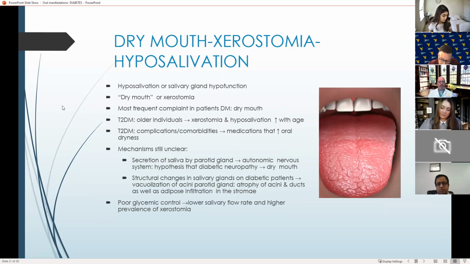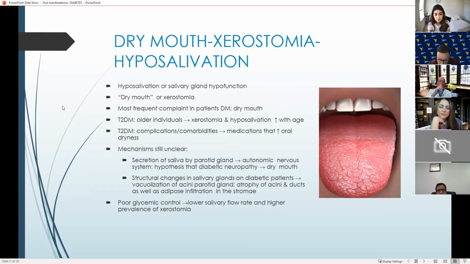Although many studies report an increased prevalence of xerostomia and a decreased salivary flow rate in patients with diabetes, the mechanisms underlying these observations remain unclear. Secretion of saliva by the parotid gland, which is the major salivary gland, is regulated by the autonomic nervous system, which led to the hypothesis that diabetic neuropathy might somehow be involved in the development of the dry mouth experience.